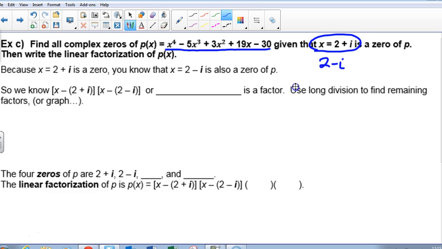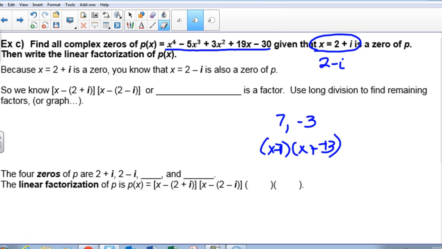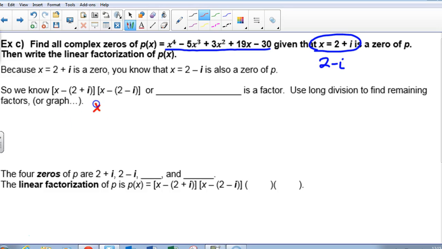Okay. Now, back up for a second. If you knew 7 and -3 were zeros, the factors would be x minus 7 and x minus -3, or x plus 3, right? It's the opposite. It's x minus. So, the factors here are x minus (2 plus i) and x minus (2 minus i).